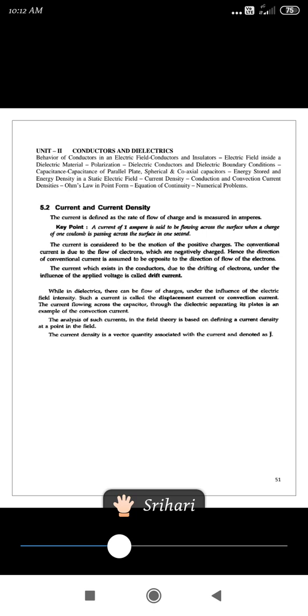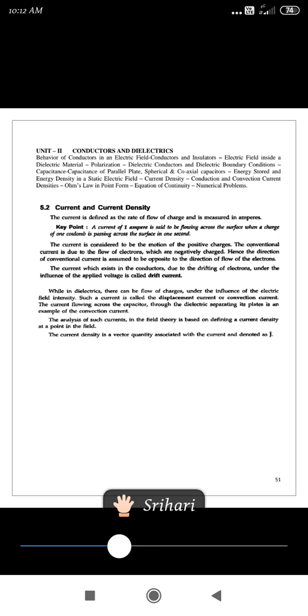The conventional current is due to the flow of electrons, which are negatively charged. Hence, the direction of conventional current is assumed to be opposite to the direction of flow of electrons.